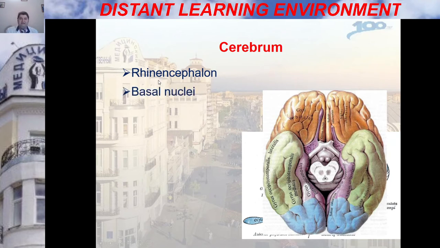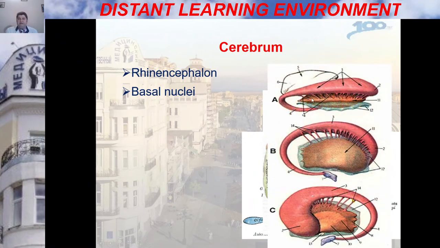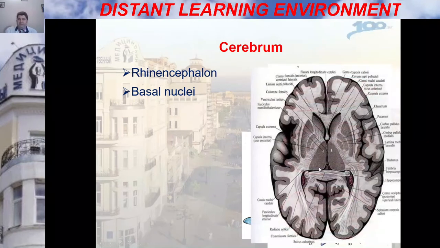The next part is basal nuclei or basal ganglia. You may see in this drawing the basal nuclei here, and also in a horizontal section of the brain, basal nuclei here under my pointer. Also on this picture you may see the parts of ventricles.